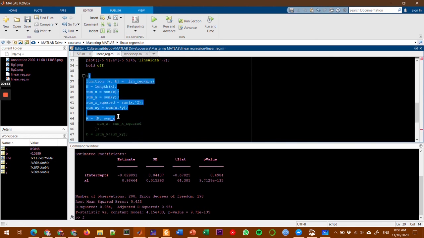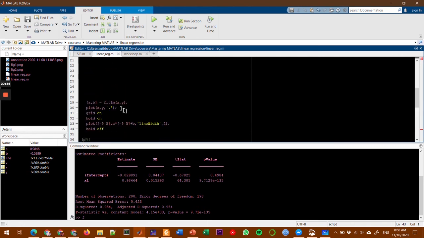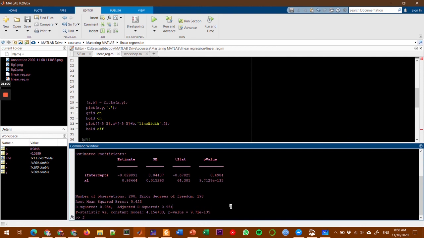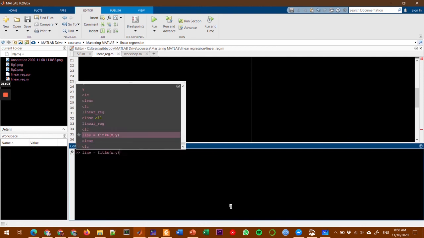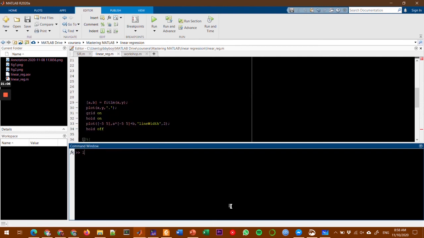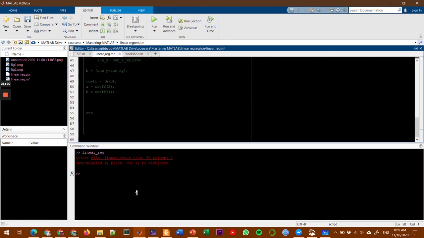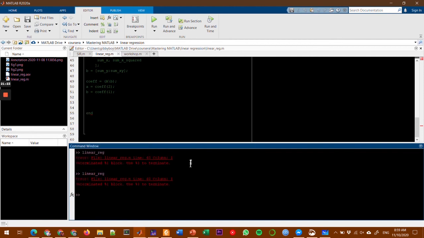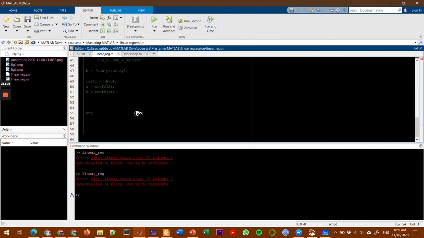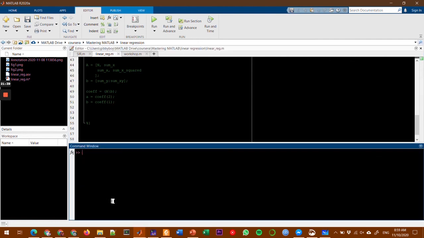So the rest is not needed. Then the program uses the fit lm. If you run it again, run it.